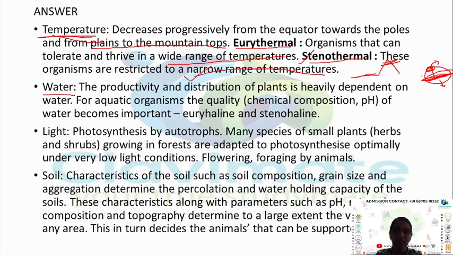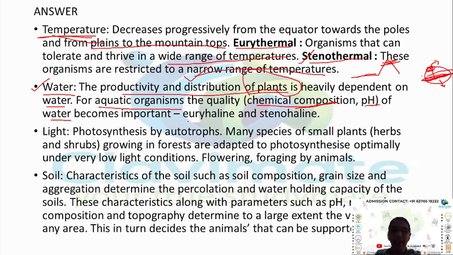Now the next thing is water. The productivity and distribution of plants is dependent on water. For plants, the water pH, chemical composition and salinity matter. For aquatic organisms also, chemical composition, pH and temperature of the water play an important role.